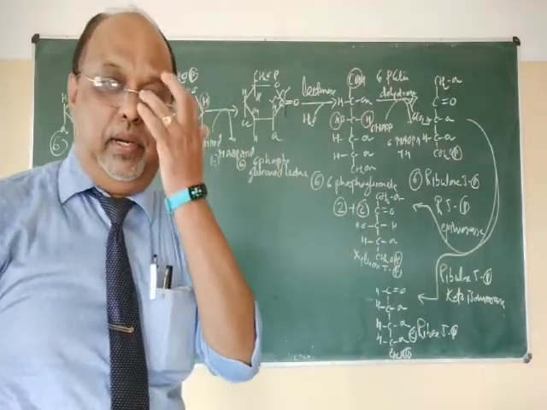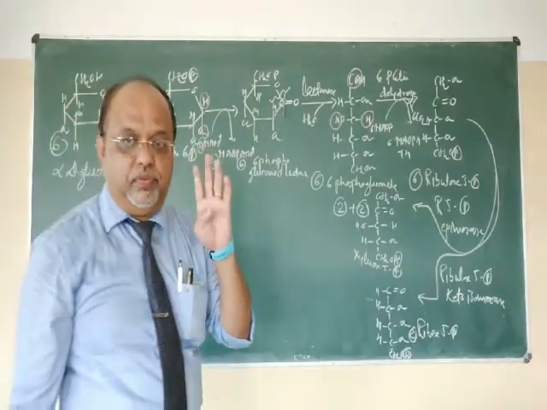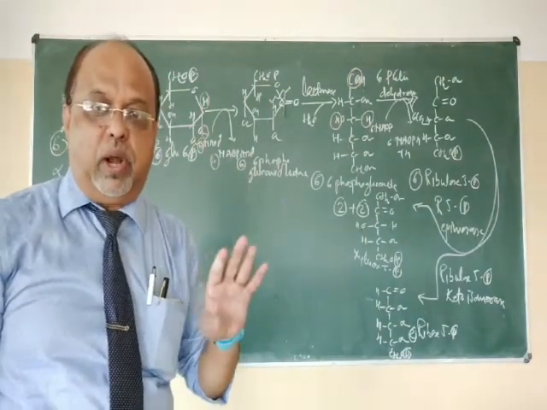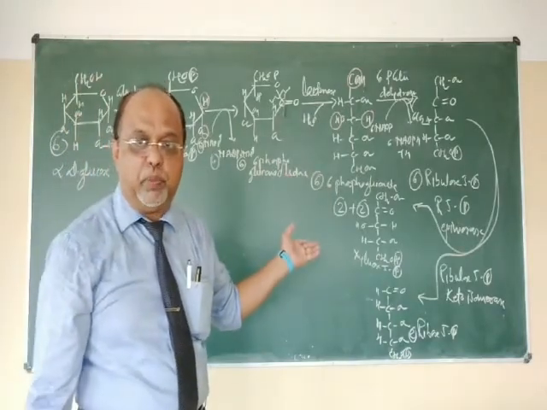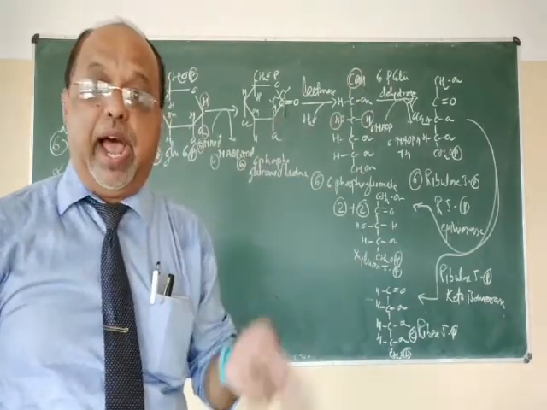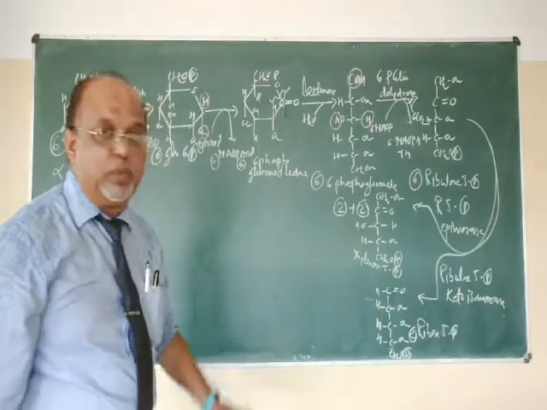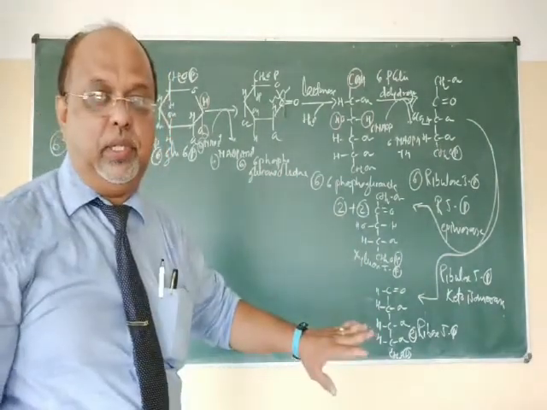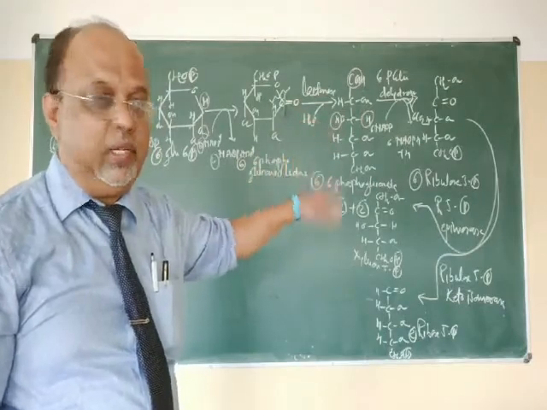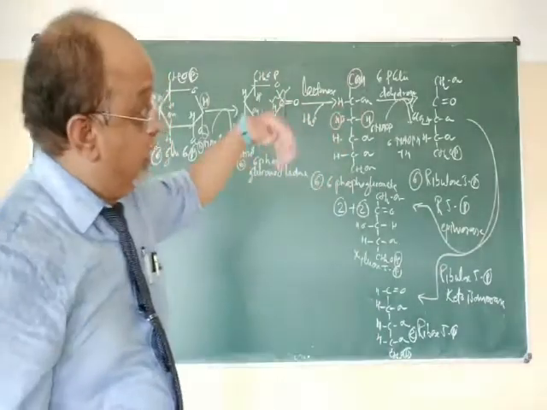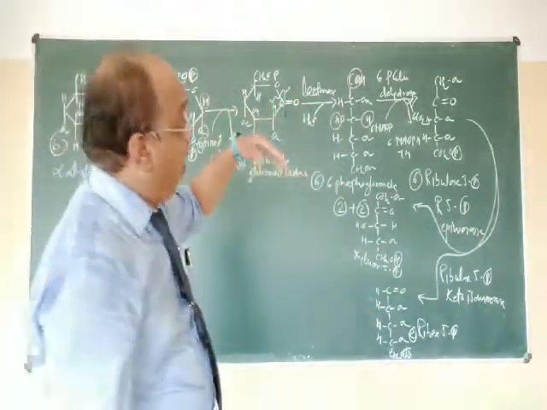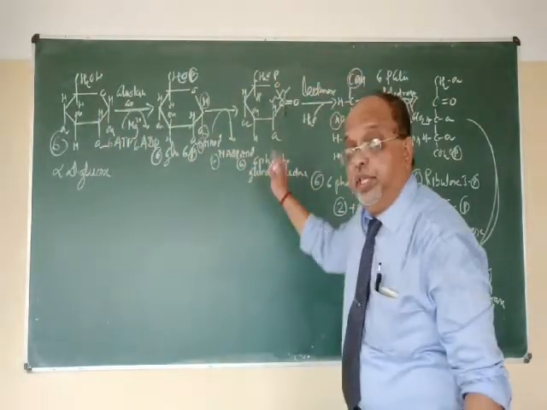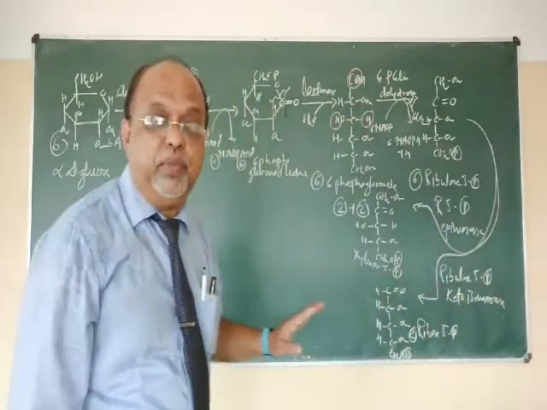So what happened during the reaction? Out of 6 molecules of ribose 5-phosphate, 4 are epimerized to xylulose 5-phosphate, and the remaining 2 are isomerized to ribulose 5-phosphate. Okay. Now up till this process, epimerization was there, isomerization was there, decarboxylation was there, dehydrogenation was there. Okay. So everything was there. Means oxidation was there.